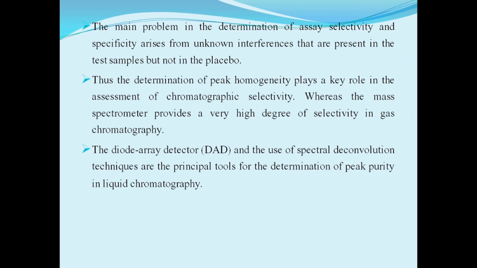The main problem in the determination of assay selectivity and specificity arises from unknown interferences that are present in the test sample but not in the placebo. Thus, the determination of peak homogeneity plays a key role in the assessment of chromatographic selectivity, whereas the mass spectrometer provides a very high degree of selectivity in gas chromatography.